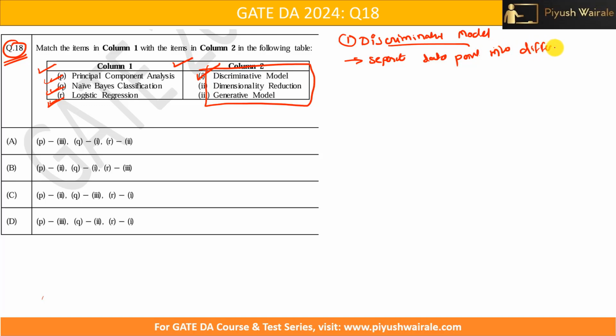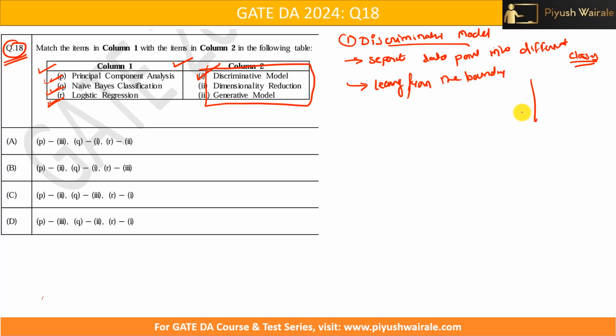A discriminative model is used to separate data points into different classes. And how do we do this? By finding the probability, and we can learn from the boundaries.